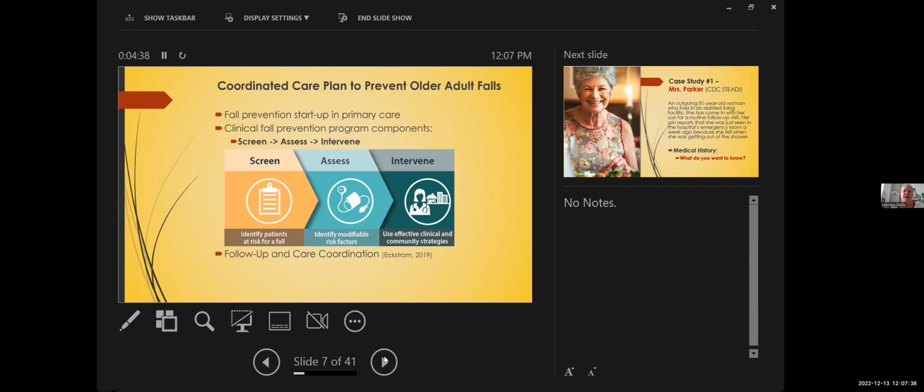When we identify those individuals with a higher risk for falls, we can assess them further and decide: can we identify things that we can modify to lower their risk of falling? Then what are effective ways that we can intervene with those clients? And importantly, we follow up with these individuals that we may have identified as at risk of falling.